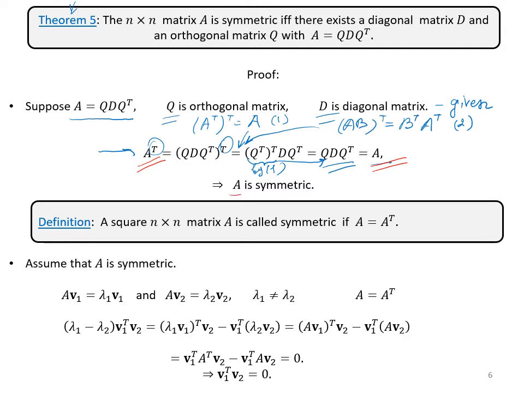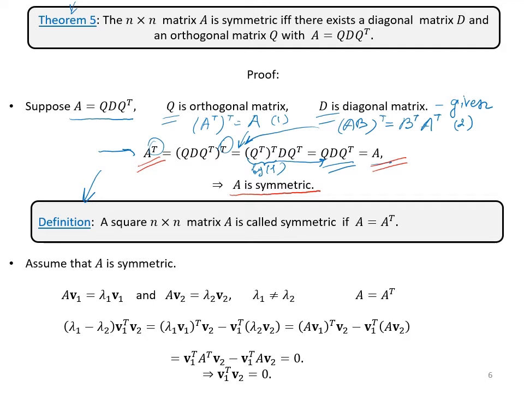So the conclusion is that our matrix A is a symmetric matrix. And below I just remind you the definition of what symmetric means. A square matrix A is called symmetric if A equals its transpose matrix.